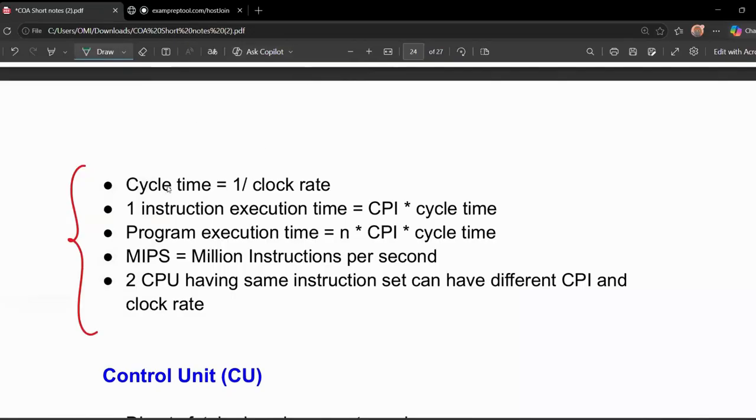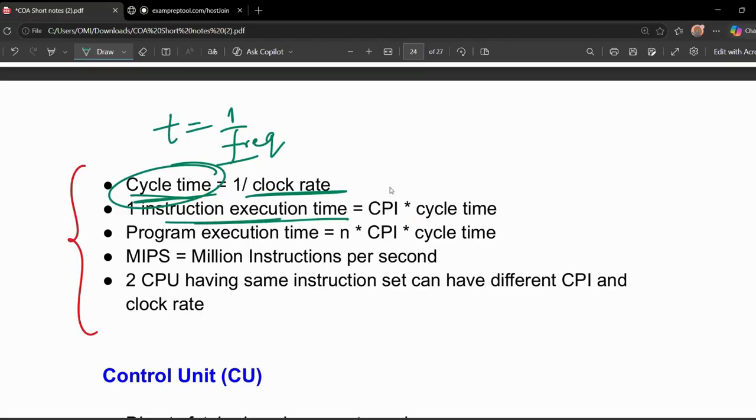So first of all, what is the cycle time? This you know, right? The time will be 1 divided by frequency. Same thing written here: cycle time is 1 divided by clock rate. One instruction execution time, this we have already seen: CPI, which means cycles per instruction, into cycle time, that will be your one instruction execution time.